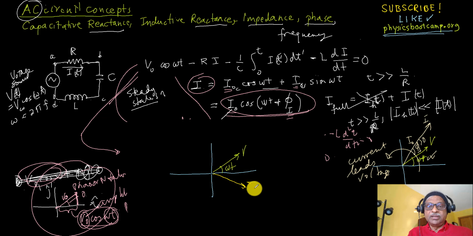So this is the direction of I, which means the phi. You can see that this is the angle. This is not phi. This is minus phi I.